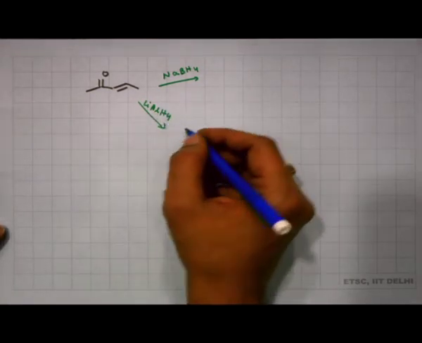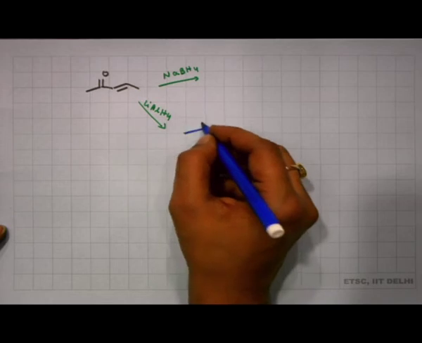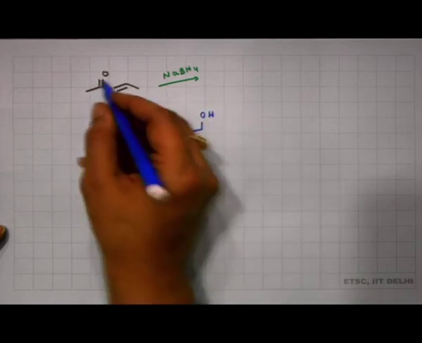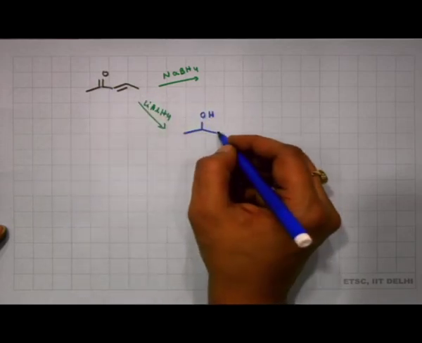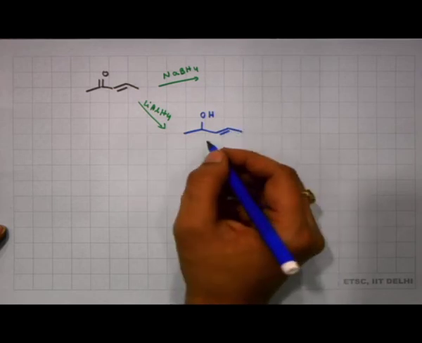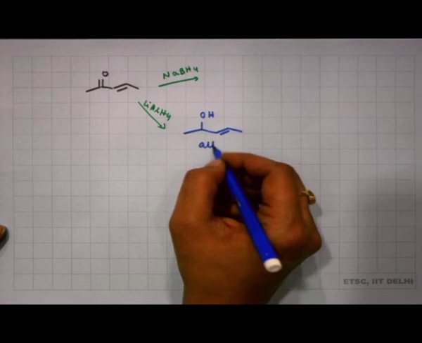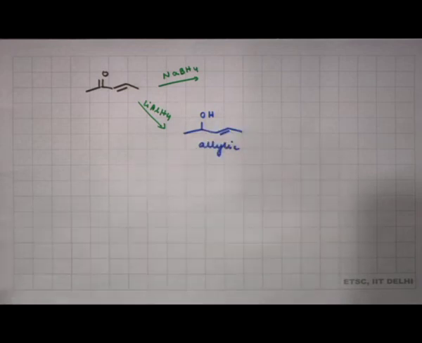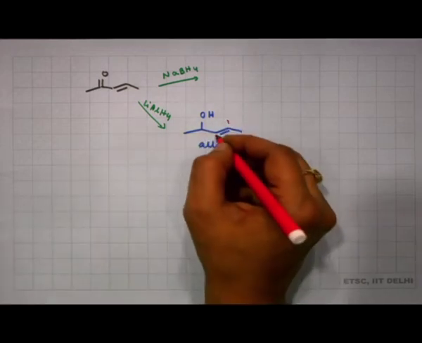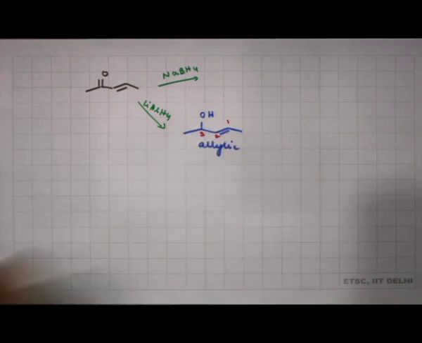So, when you treat it with lithium aluminum hydride, the product which you expect to get from here is the carbonyl reduction product, that is this alcohol, which you can see is an allylic alcohol.